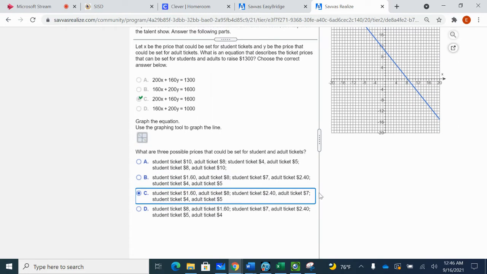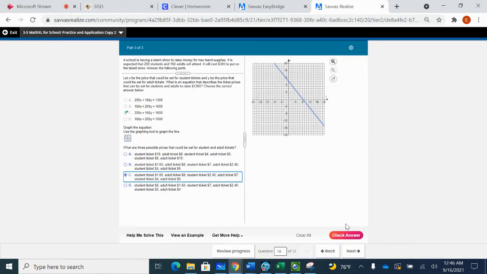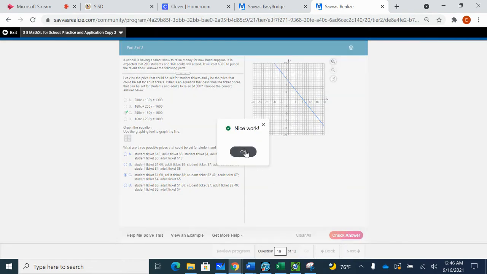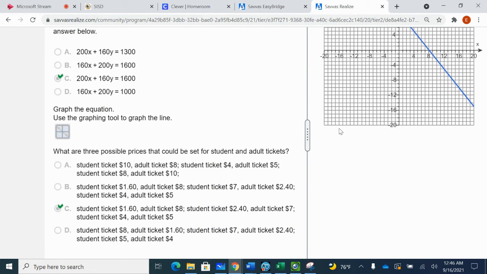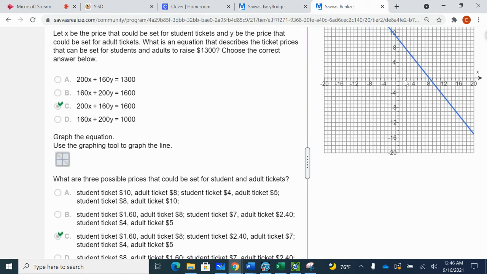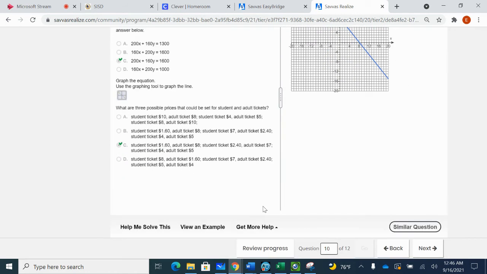I'm pretty sure it's this one. So again, all this is doing is just going off the graph. Make sure you're looking at those coordinate points. So again, it's 160 and 8. So make sure that that point is on the graph. All right. And there it is.